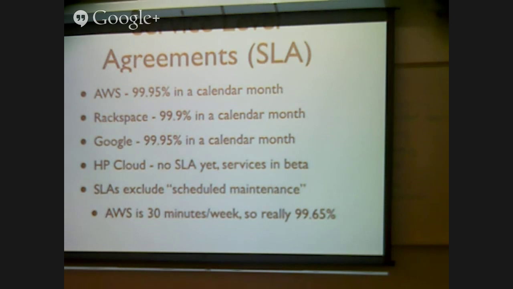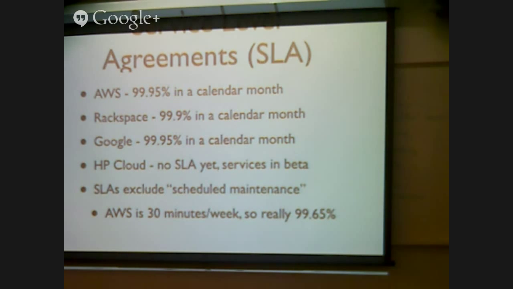But then they don't include the 30 minutes a week that you have for scheduled maintenance. So this is in the terms and conditions. So once you take into consideration scheduled maintenance, you've lost more than 2.5 hours every month, which is why they generally encourage you to have replica sets. This is why you don't just run one RDS node in production.